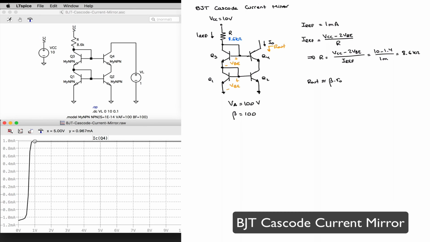picking up the first cursor for some reason. So I'm just going to move it out of the way.